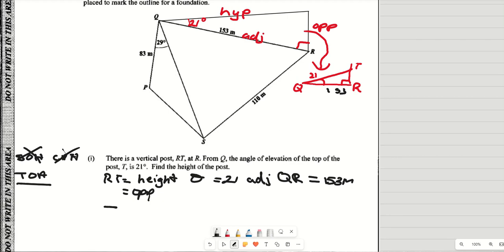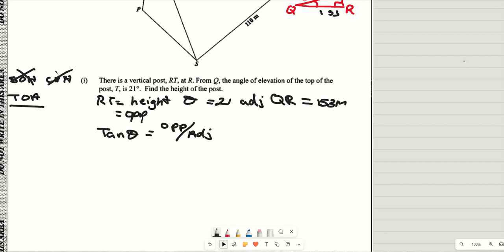So tan theta is equal to opposite over adjacent. Theta is 21, so tan 21 is equal to height over 153.